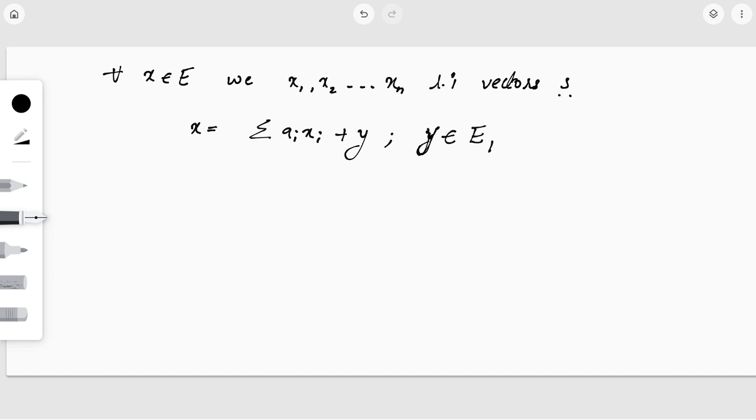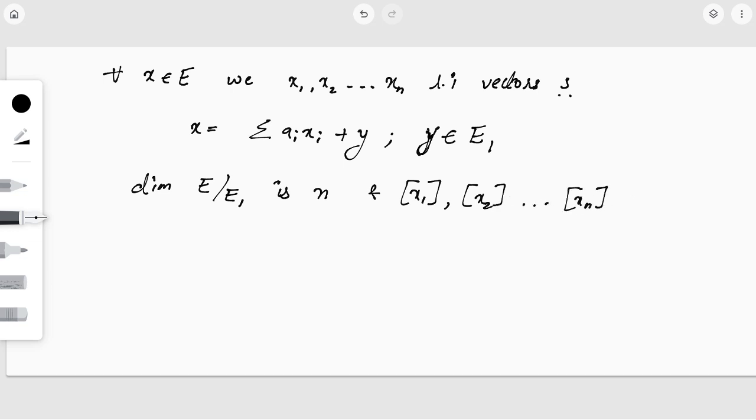This is our assumption now, and what is there to prove? We need to show that the dimension of the quotient space E by E1 is n, or in other words coset x1, coset x2, etc., coset xn forms a basis of E by E1.